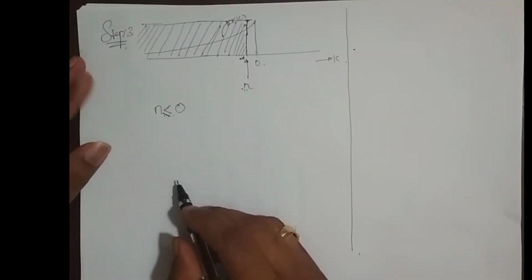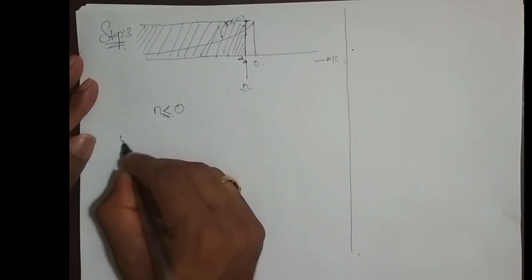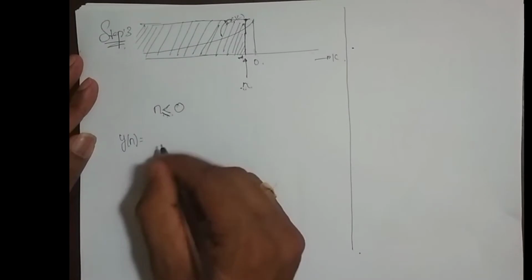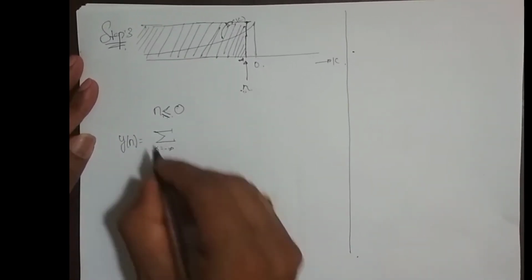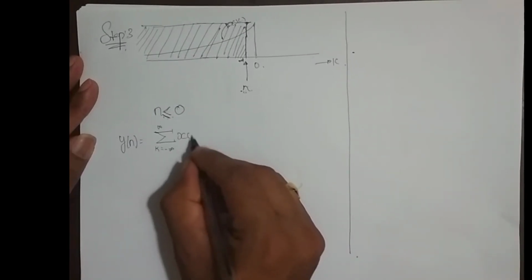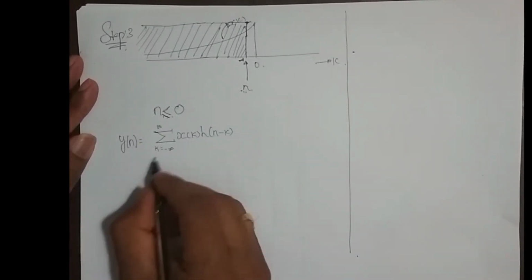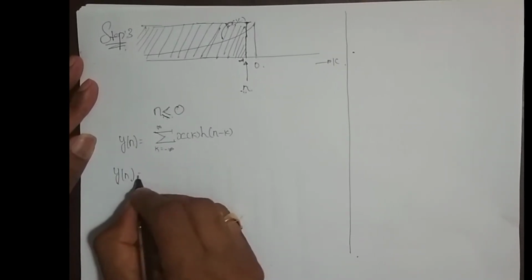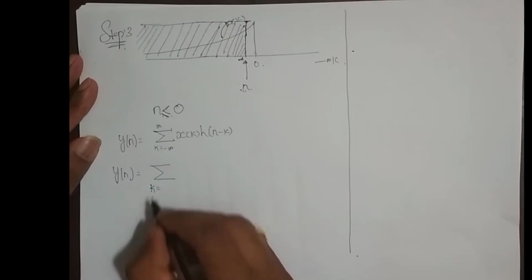So when n is less than or equal to 0, y of n is equal to summation k varying from minus infinity to infinity x of k h of n minus k. This is as per the convolution sum equation. What is the overlap region?